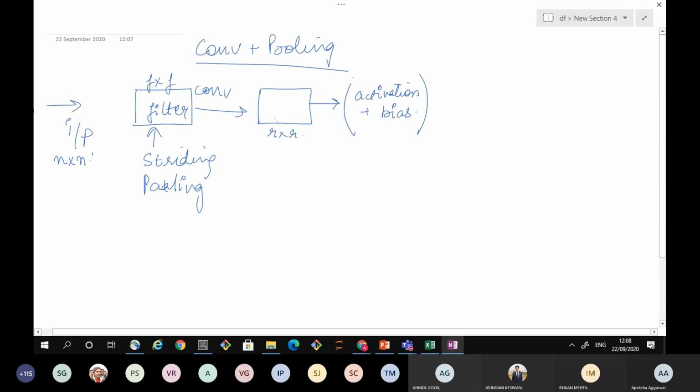On this r cross r, we generally apply bias. So how do we do that? Suppose I have an image of 3 cross 3, so I will apply the activation function on all the values in that image that I have retrieved, that is the r cross r image. So for all the r cross r values I will apply activation and then I will add a bias. Okay, this part is done.